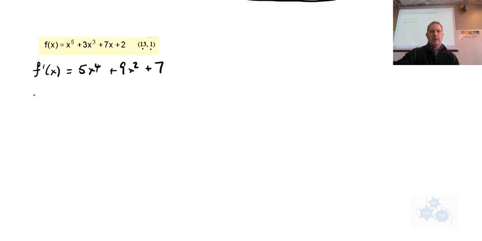And now d over dx of f to the negative 1 of x is going to be equal to 1 over this derivative with the f of y value, or this 1 value, plugged in. That's it.